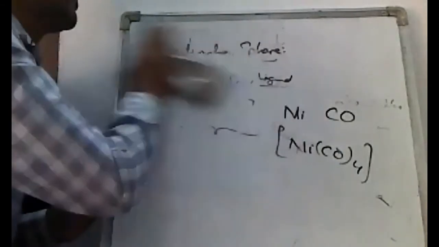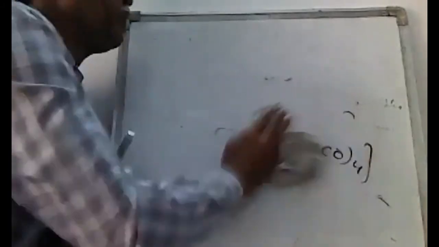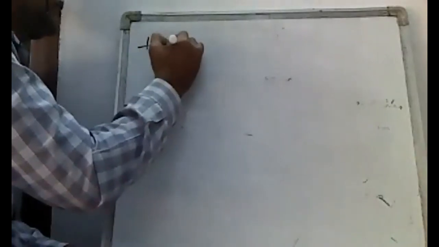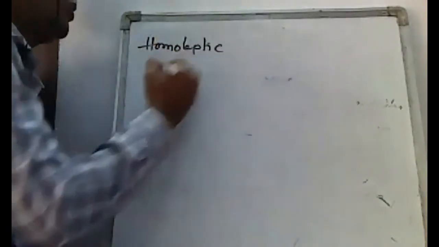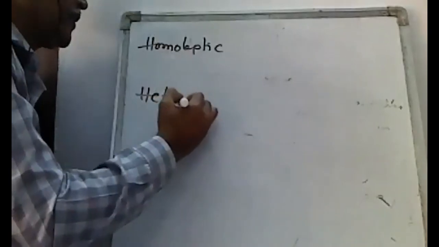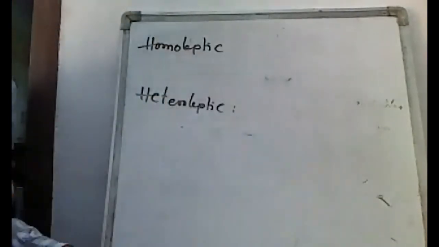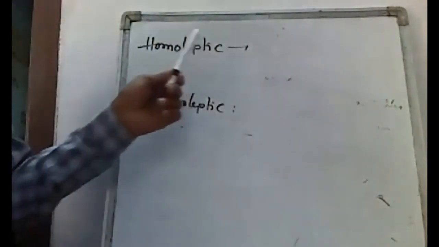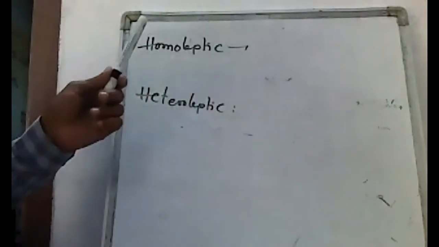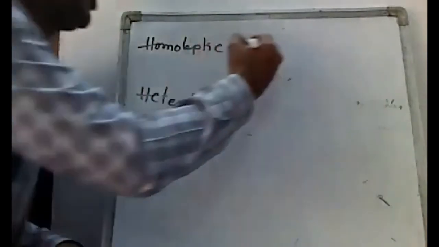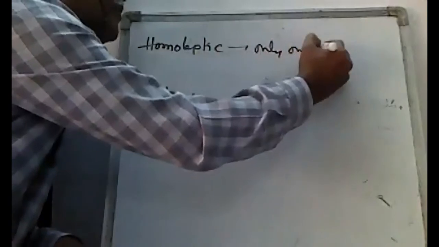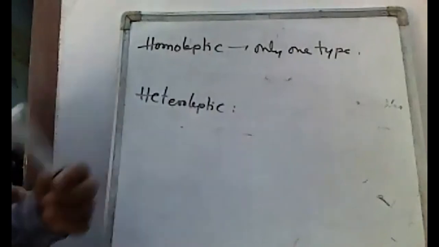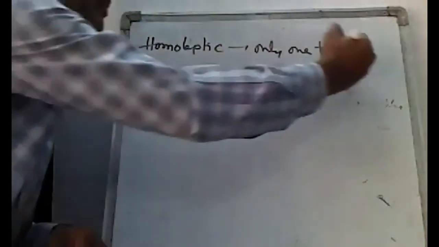Then next are homoleptic and heteroleptic coordination compounds. What are homoleptic compounds? In any complex compound, if a metal atom is bound to only one type of ligand, we call it a homoleptic complex compound.